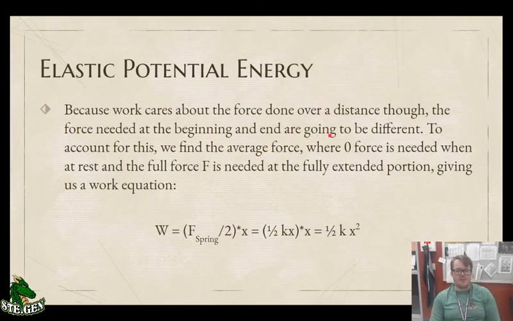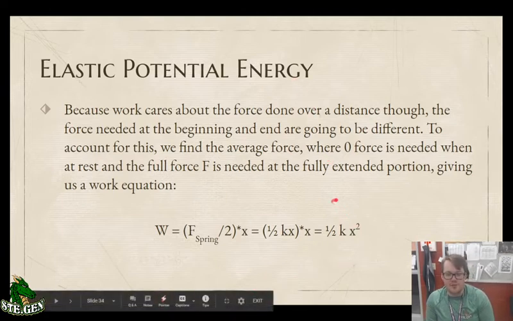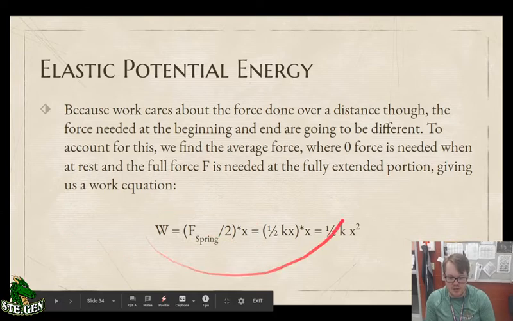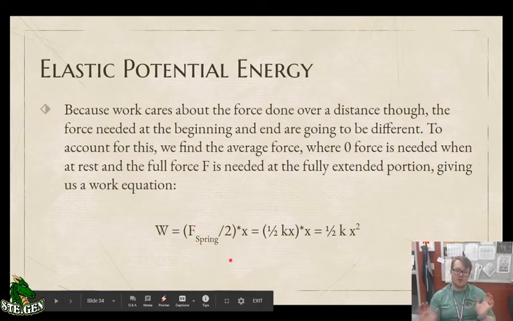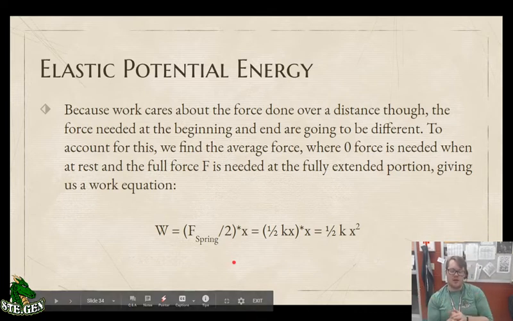Because work cares about force being done over a distance, though, and we just said that the spring gets harder to compress as you push in further and further, we have to average it together. So this is kind of a deriving of what the equation is going to look like for work for a spring. Basically, we do an average force, where we say the average force is going to be your initial force and your final force cut in half.